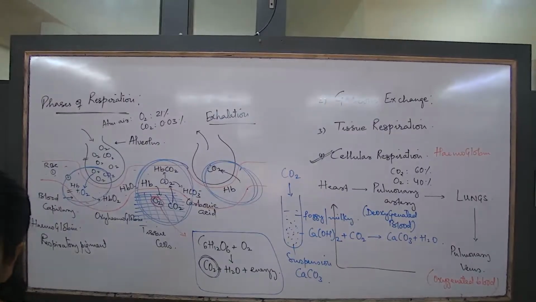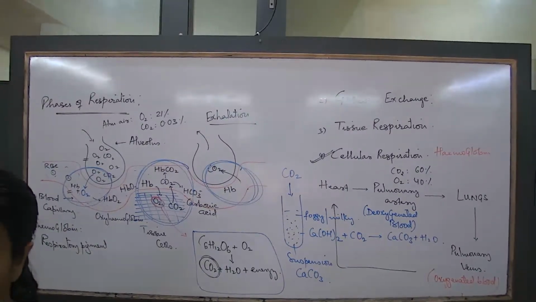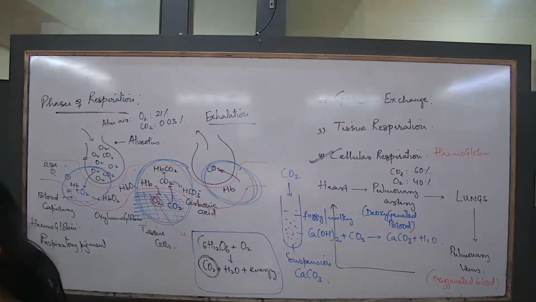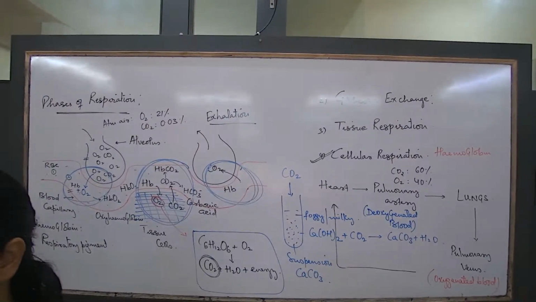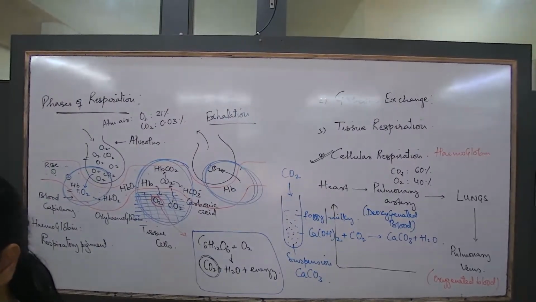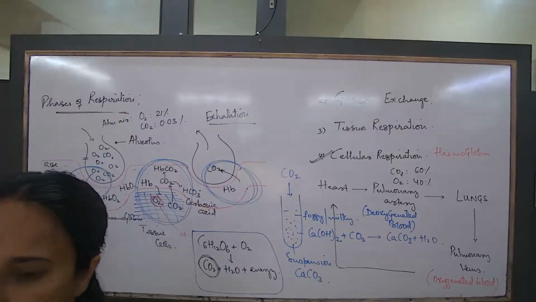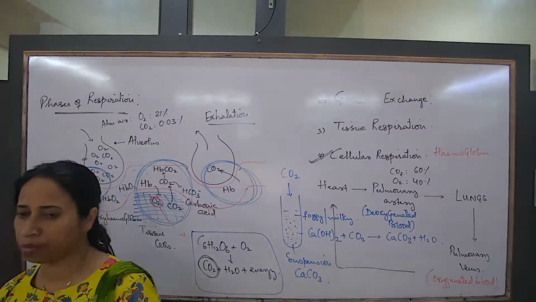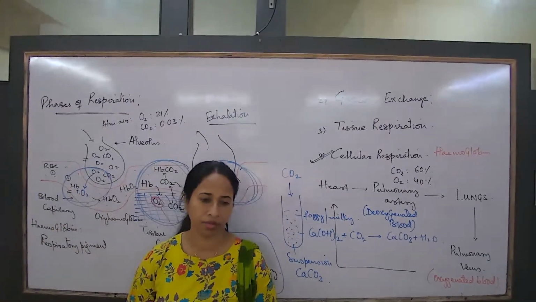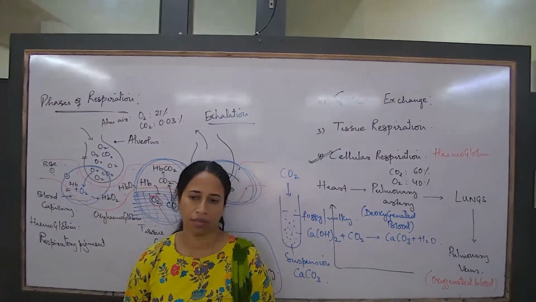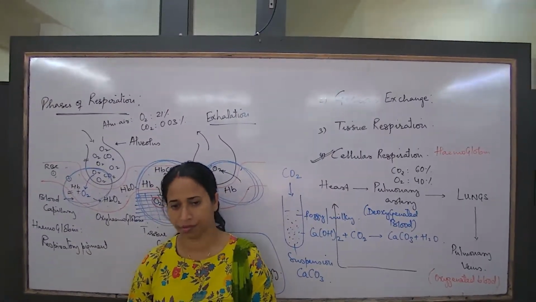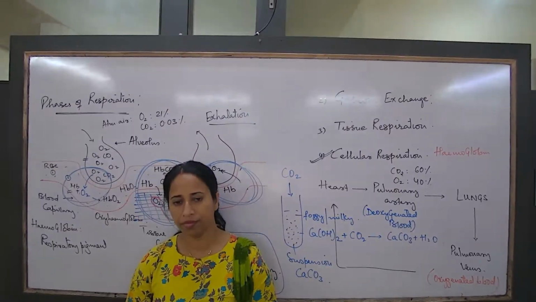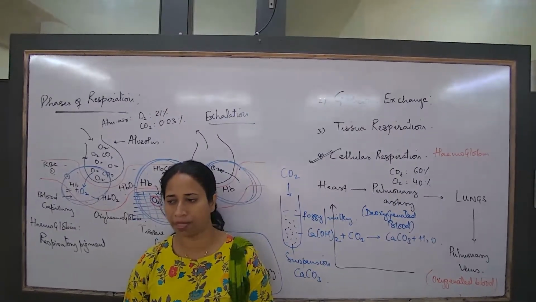Answer is: enzymes are chemical substances that break down complex compounds to simpler forms.